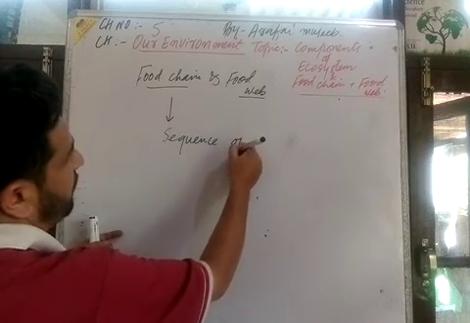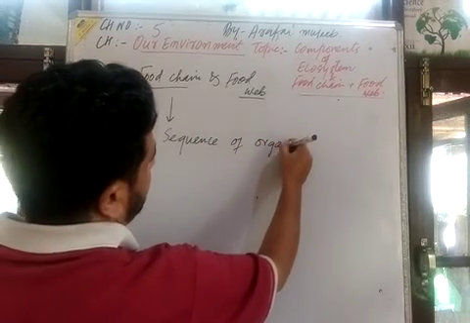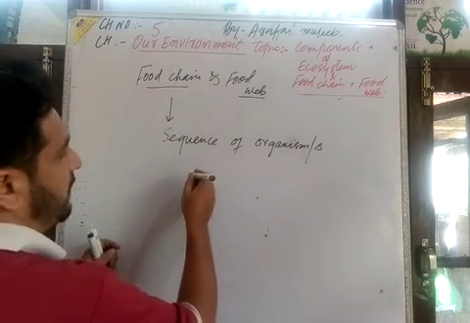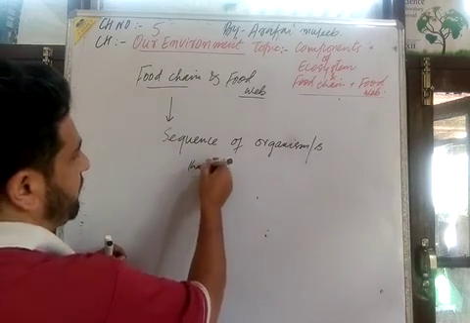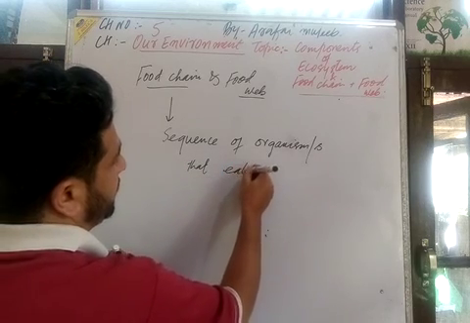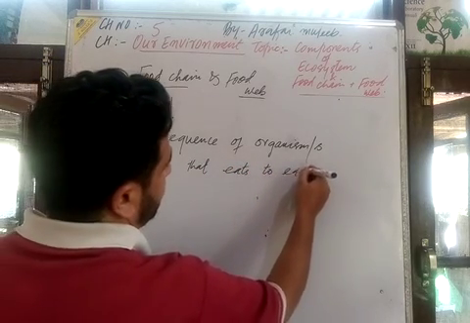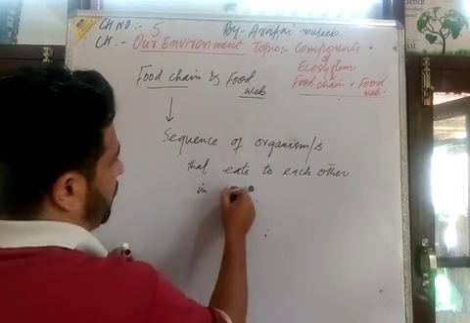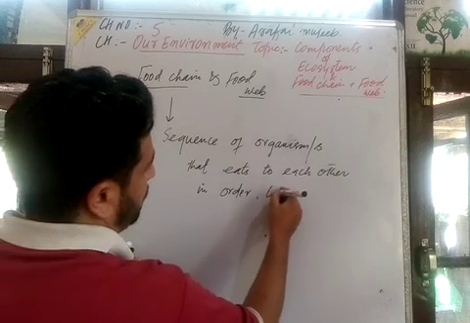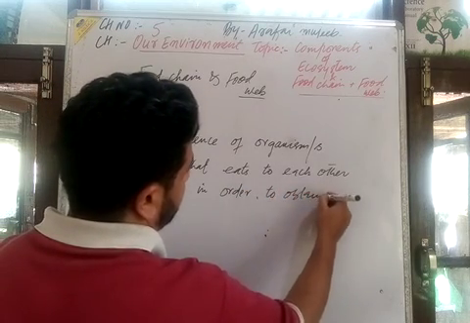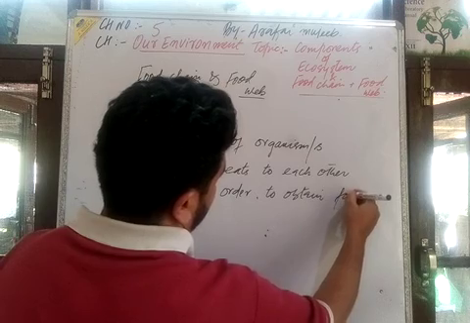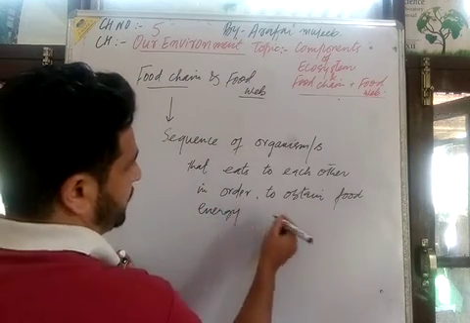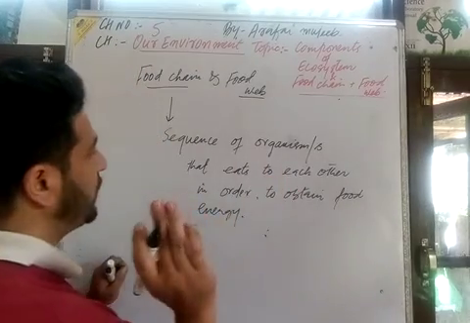It is a sequence of organisms that eat each other in order to obtain food energy. Remember this: in order to obtain food energy.